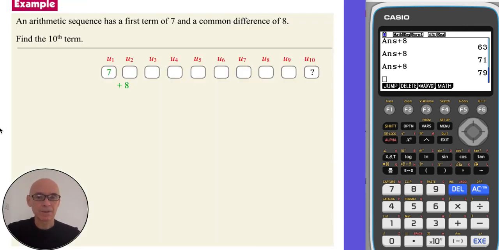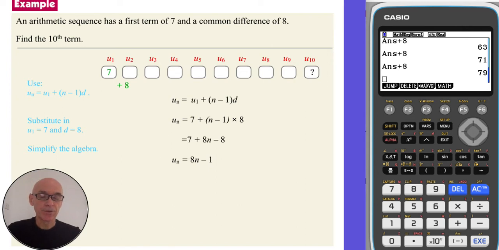So for a more mathematical approach, we use the formula for the nth term as given in your formula booklet, and substitute in the first term u1 of 7 and a common difference of 8 as shown, and if we simplify the algebra, we will get an nth term formula un equal to 8n minus 1. And then to find the 10th term, we simply replace n with 10, again giving a value of 79.